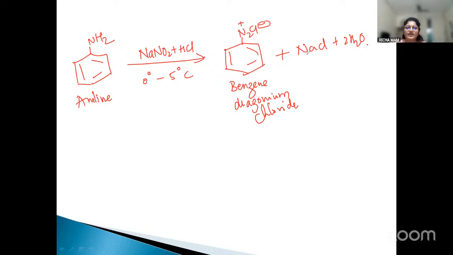Now let us see the chemical reactions of the benzene diazonium salt. The chemical reactions are categorized into two types.